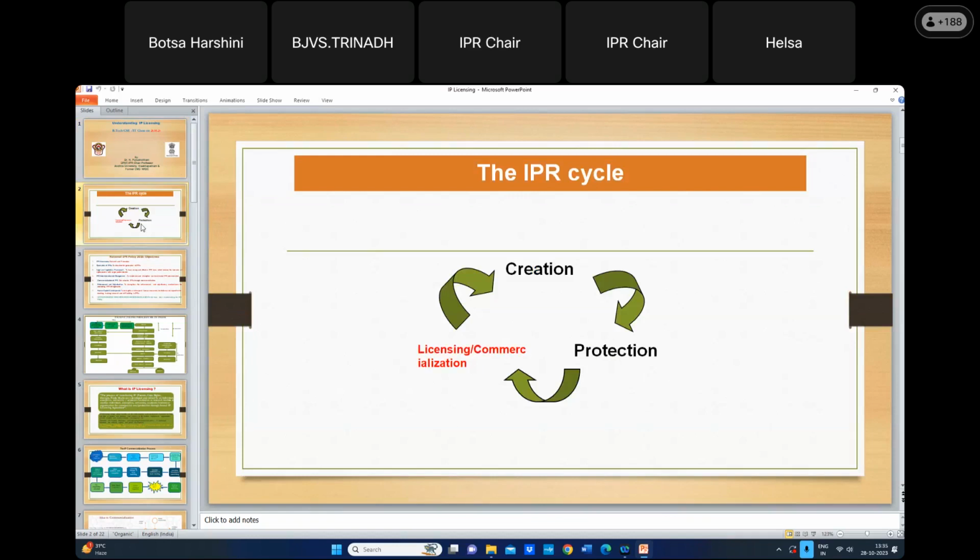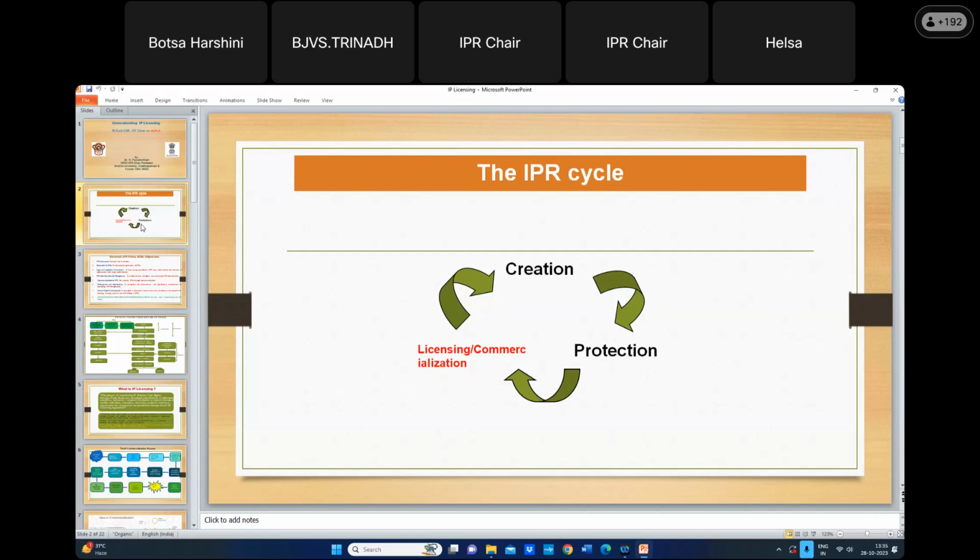These are the 3 fundamental criteria for any of these rights to be granted by the government. Once you fulfill that criteria, you apply to the government for rights on the knowledge you have created. Government has a process to evaluate and give the rights on that knowledge to you. That is what we call protection.